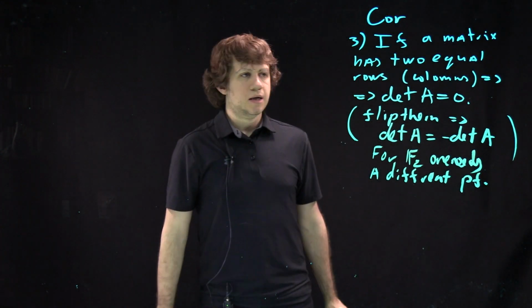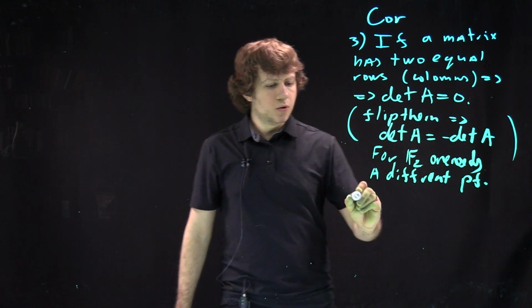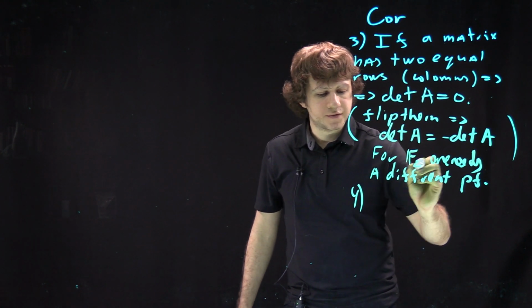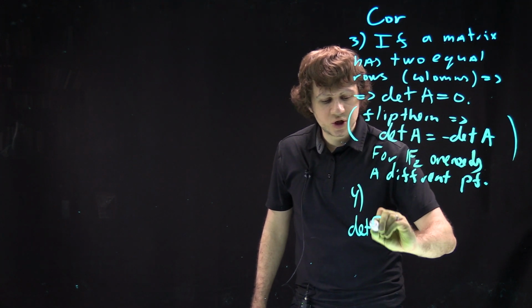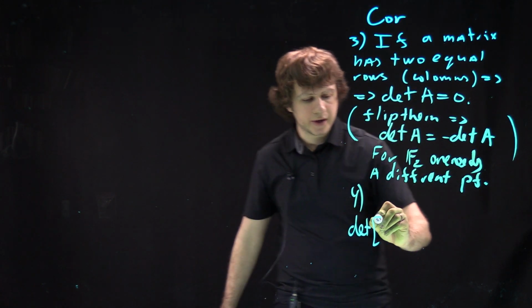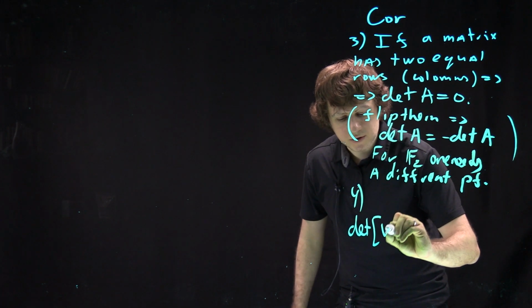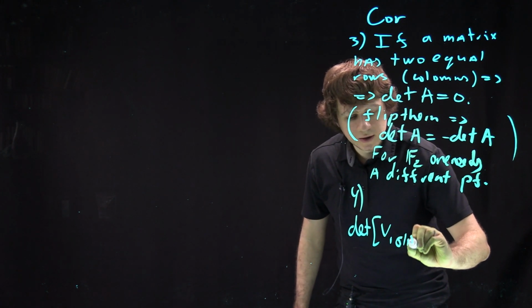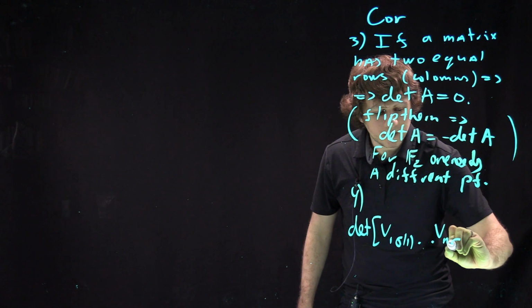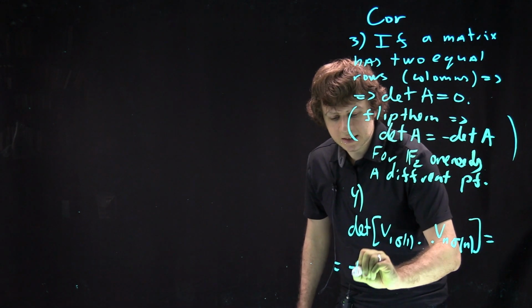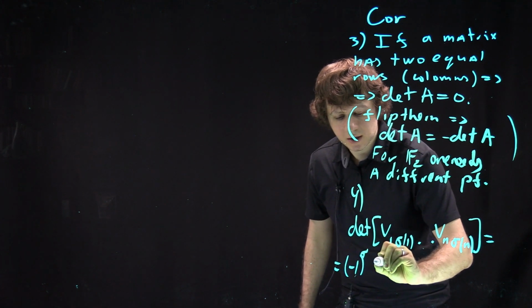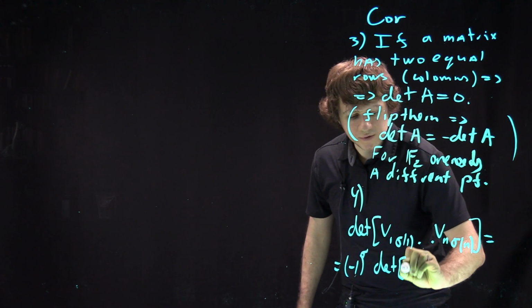It's actually not hard. Another property is that if you now take a determinant and you exchange the columns arbitrarily, so you can take vectors v1, sigma of 1, and so on, vn, sigma of n, then it just equals to the sign of sigma, minus 1 power sigma, times determinant of v1, vn.